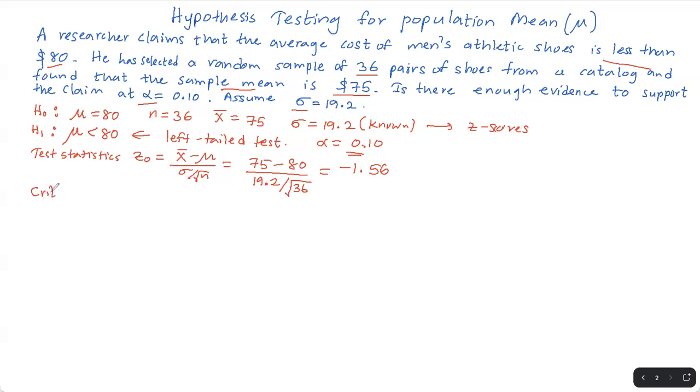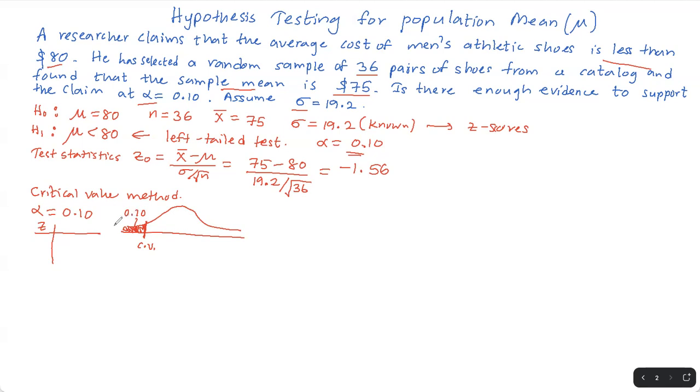Let's look at the critical value method. So we need to find the critical value. The alpha value is 0.10, so we are in the left tail. This area in the left tail is 0.10, and this cutoff value here is your critical value. To find it, you need to look at the z-score table and locate this area.